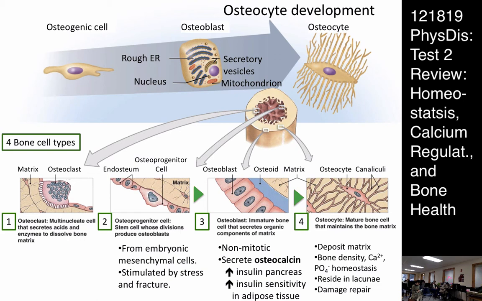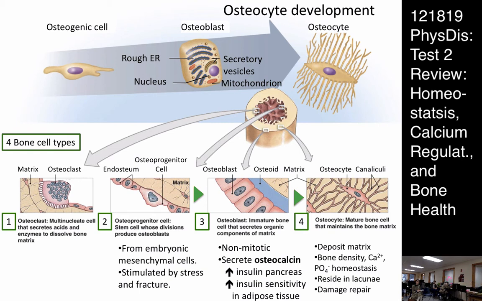And they make this stuff called osteoid. Osteocalcin is part of what's called osteoid. Osteoid is essentially the organic compound of bone. It's got the collagen, the proteoglycan, the glycosaminoglycan, the different organic compounds.